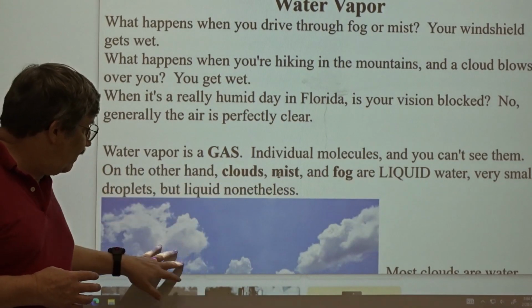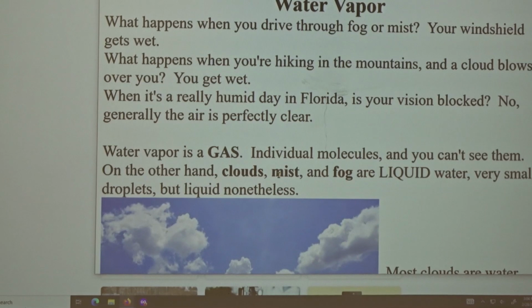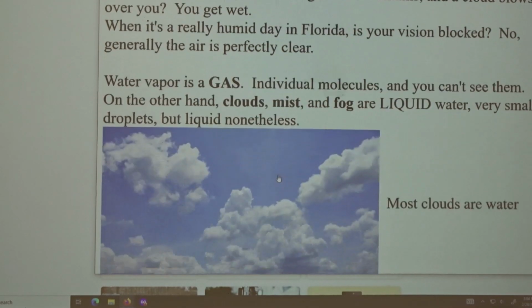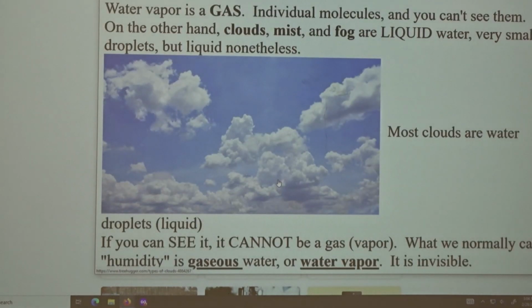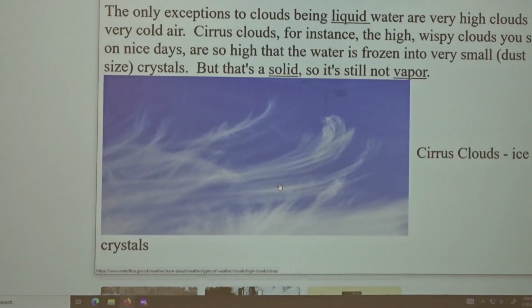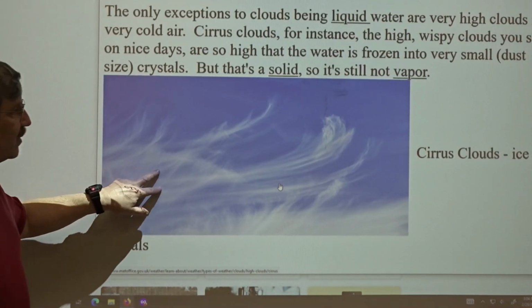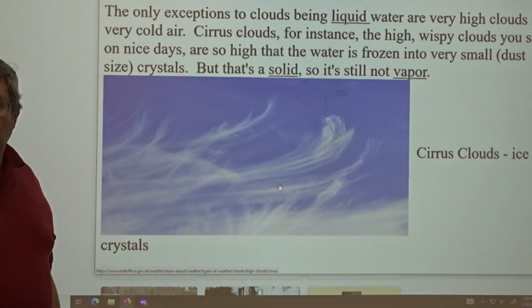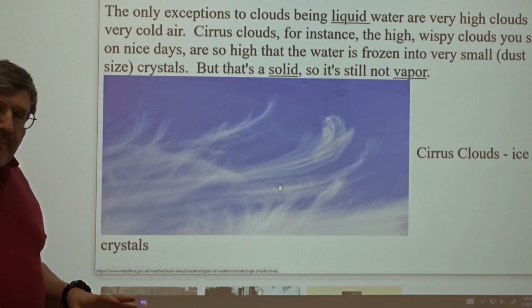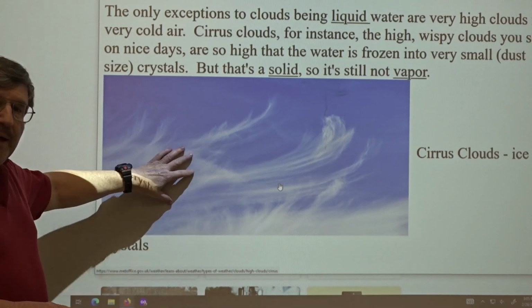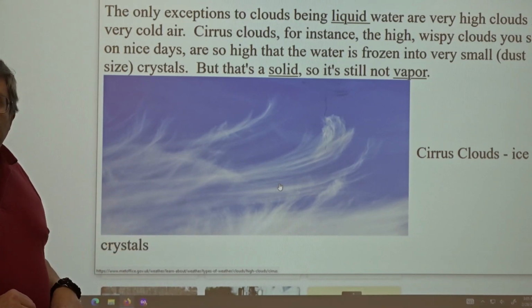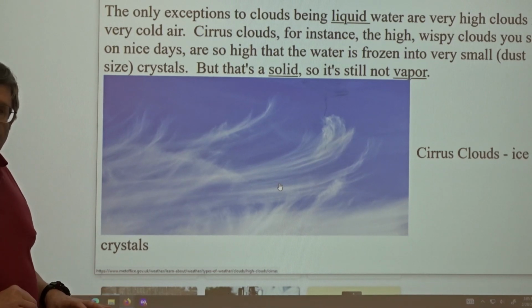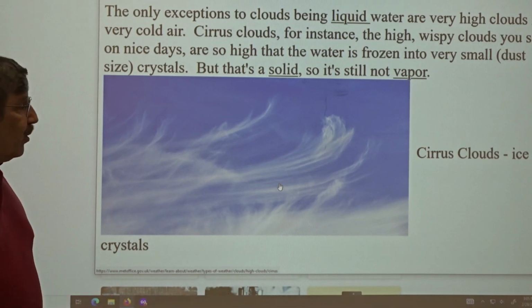Most clouds, things like this, are liquid water. The only exception to clouds not being liquid water are very high clouds, such as cirrus clouds, and these are dust-sized ice crystals. They're very small, but they're not gas. Again, if you can see it, it's not water vapor. It's either solid or liquid water.